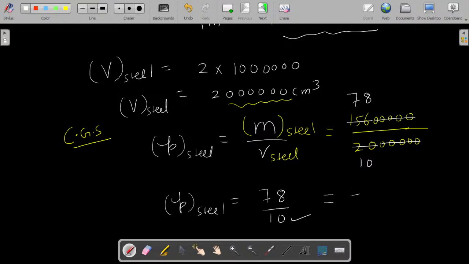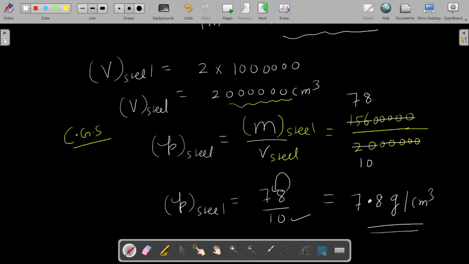That's why you have to just put a point just before 8. If there are 2 zeros, then you have to put the point here. This is a simple thing. That's why this is the answer in gram per centimeter cube. This is the density value in CGS system.